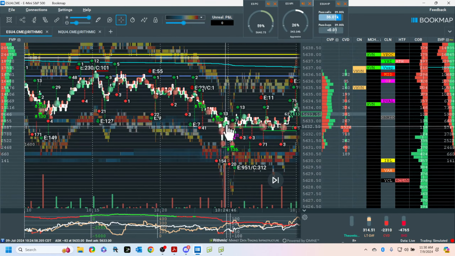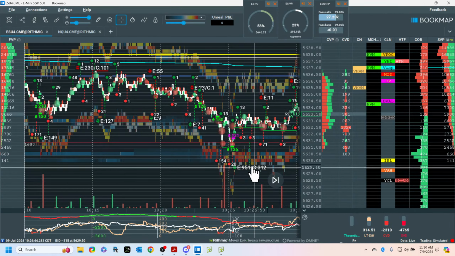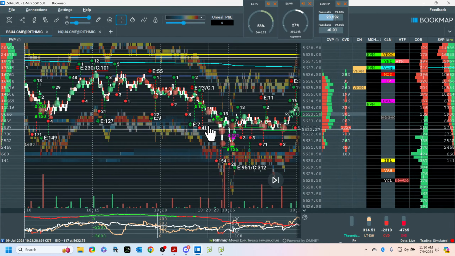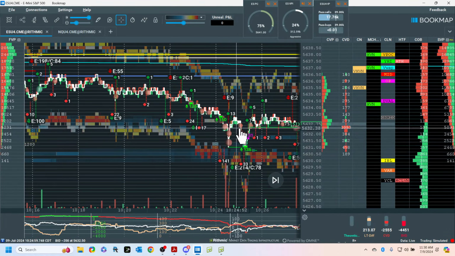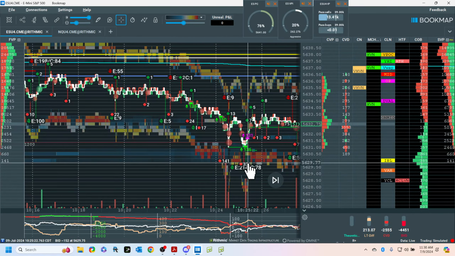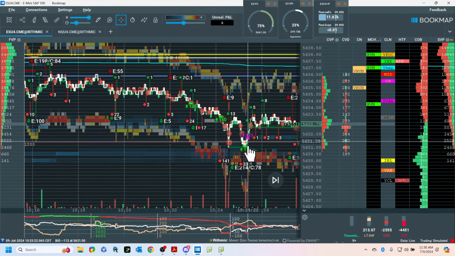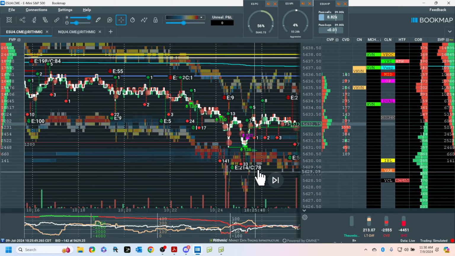Now, here's what happens. When we come down and I see the absorption and I have an iceberg executing, I have 154 stops coming out here, and I only have 33 here, and I have the absorption. Again, this is how Bookmap is helping. Now, I don't know at all where the low of anything is.